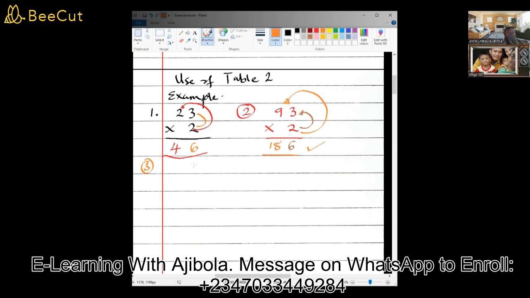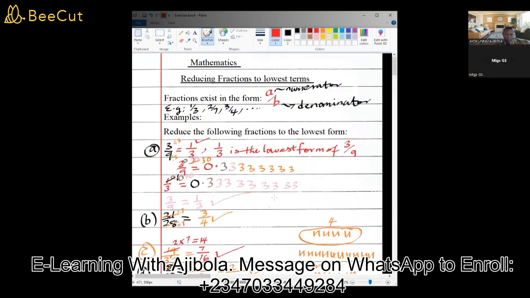So let us look at the last example. Let's assume you have something like 16,789. You want to multiply it by 2. So this is what you do. What is 2 times 9? This is 18. Then you keep your 1.